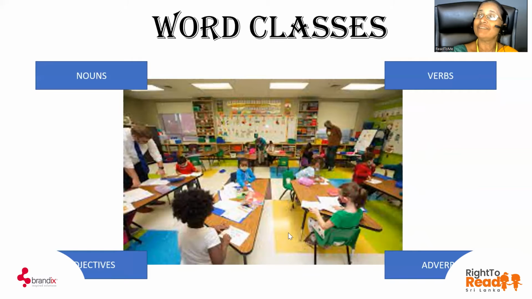Then they learn well in the classroom. What else can we say? They are doing their work enthusiastically, keenly. That is a big word. They do their work keenly, K-double-E-N, interestingly.